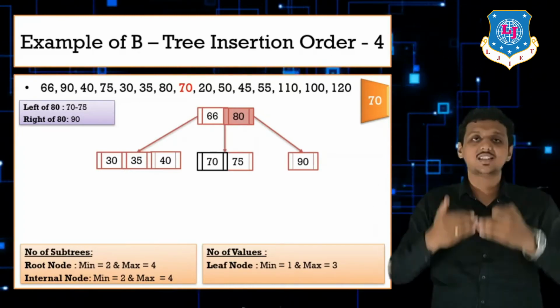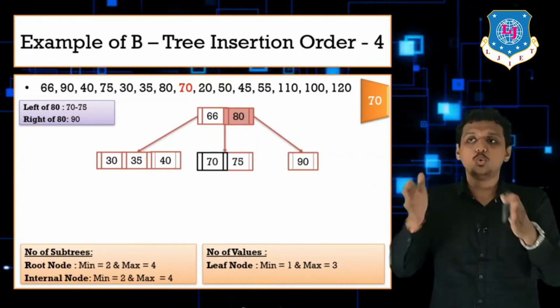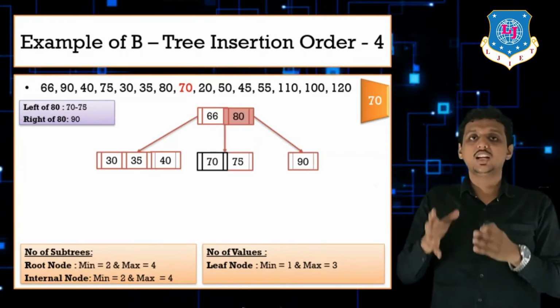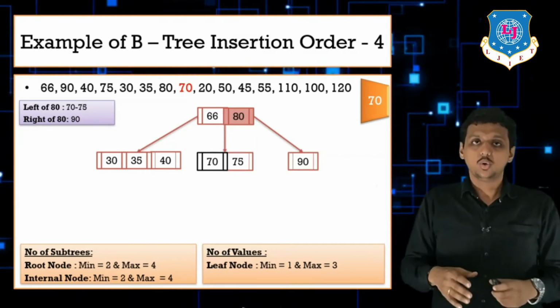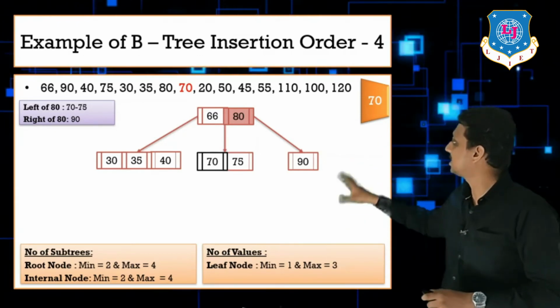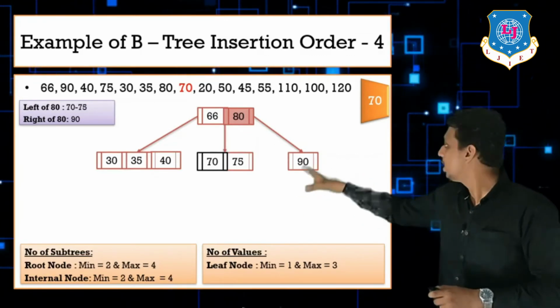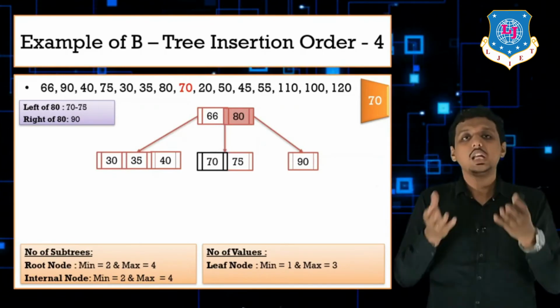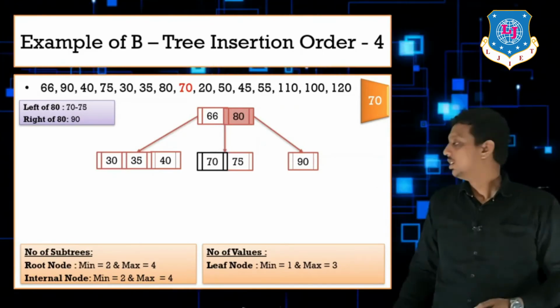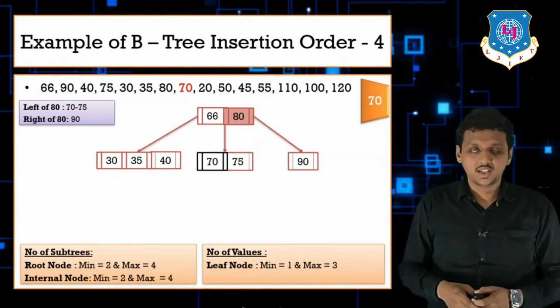Then there are 2 parts because 80 is gone, so that node is divided into 2 parts. On the left side of the 80 we must have the values lesser than 80, and on the right side of the 80 the values greater than 80. Fine. So this is the figure after inserting 70.